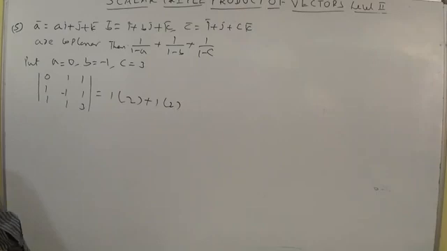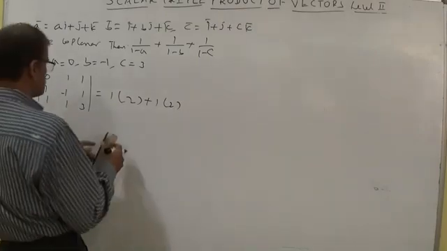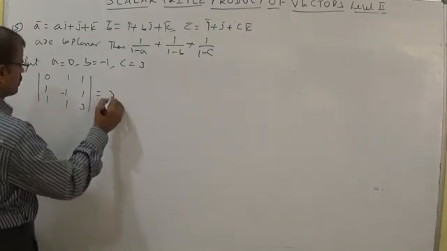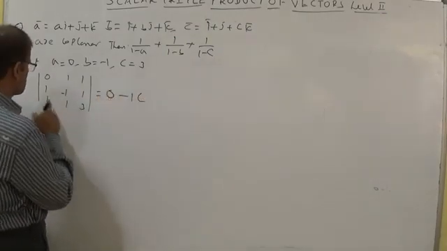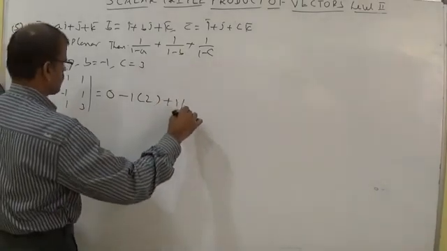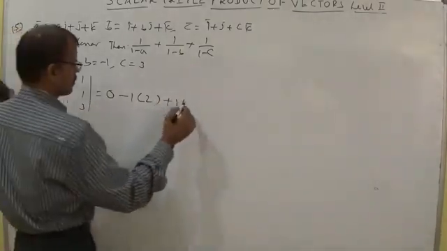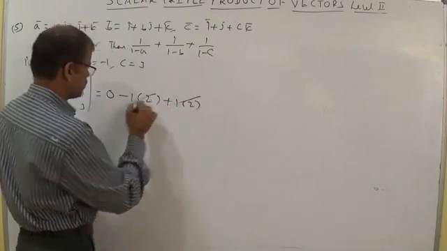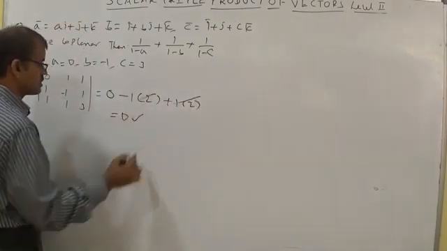Now let us do the calculation. First 0, no need to write it. Next minus 1 into (3 minus 1) equal to minus 2, plus 1 into (1 plus 1) equal to 2. So minus 2 plus 2, we got 0. So our estimation is right.